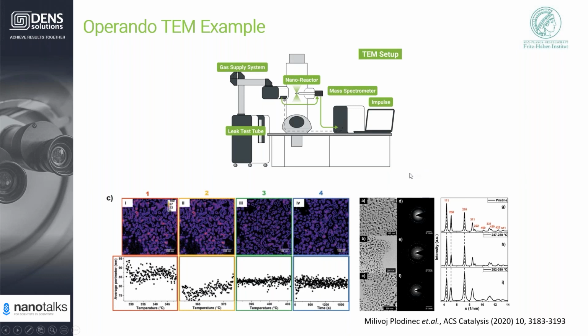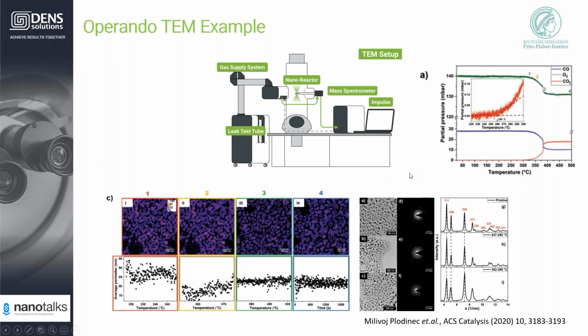Now, how do we correlate this with the activity of those catalysts? Actually, through the mass spectroscopy analysis, people realized that from around 260 degrees Celsius, carbon dioxide starts to increase.